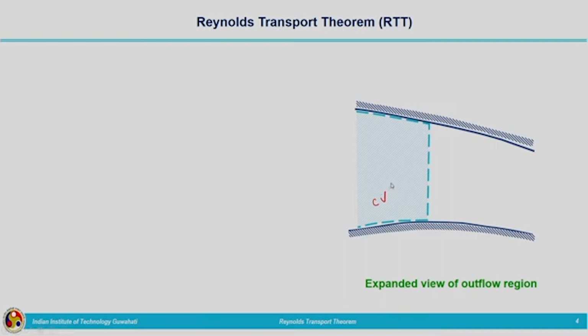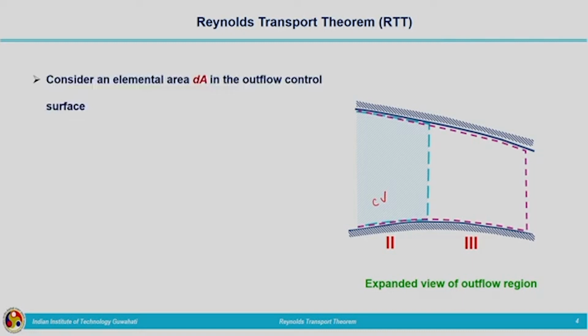The control mass of the system was coinciding with this control volume at time t, and when the time is increased to t plus delta t, the system has moved to the right hand side, represented by these pink dots. These are represented by region 2 and region 3. We will consider an area dA, here you can see dA in the outflow control surface.